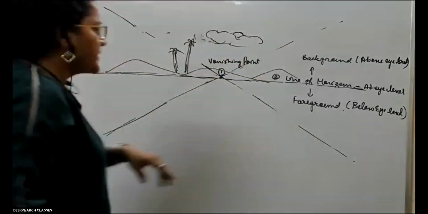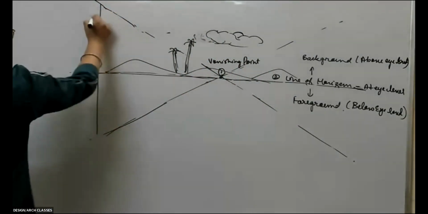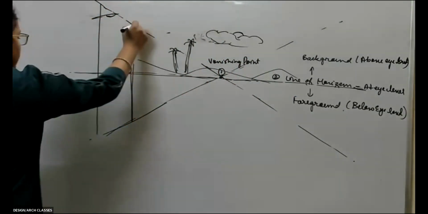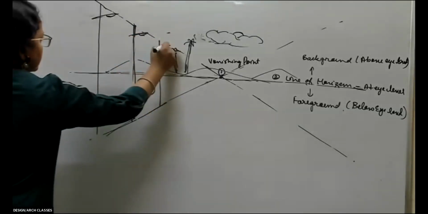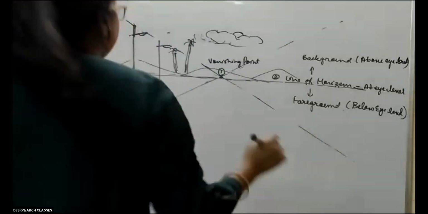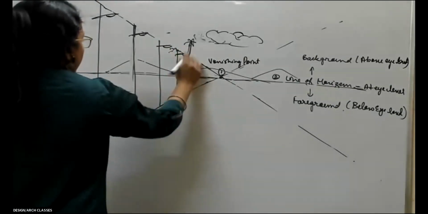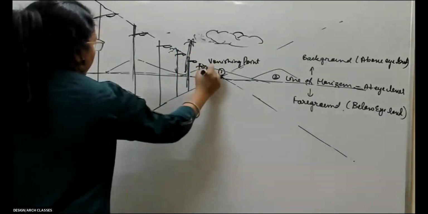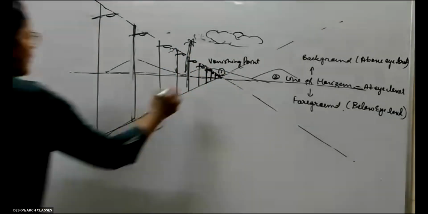ठीक है, अब मैं वैनिशिंग पॉइंट समझाती हूँ आपको. I had street lights here. Did you understand what happened?